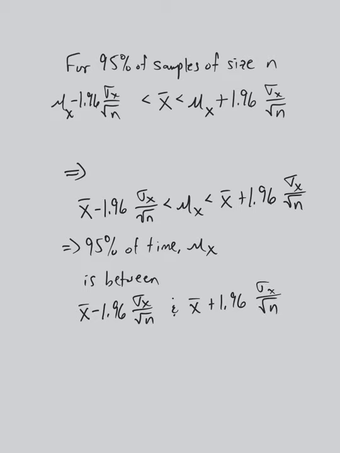Another way to summarize this too, remember we've done this before, we could say x bar plus or minus 1.96 sigma x over the square root of n if I wanted to.